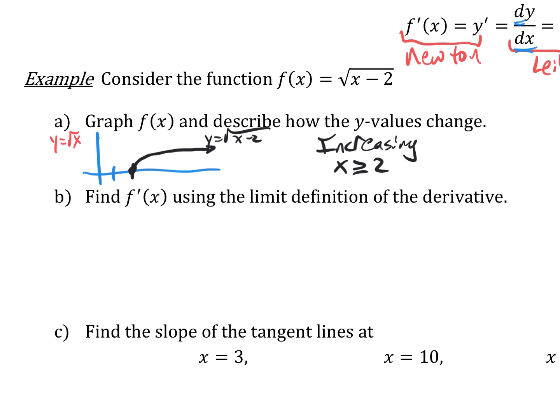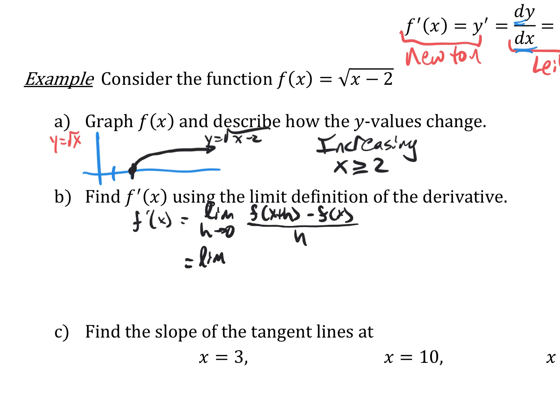Let's find the derivative using the limit definition above, or the formal definition. So the definition of the derivative: f prime of x is the limit as h goes to 0 of f of x plus h minus f of x all over h. It's good to write that down, especially as you're getting used to it.